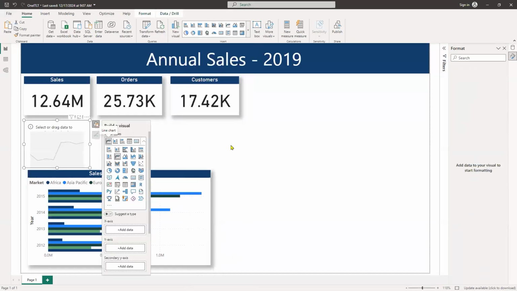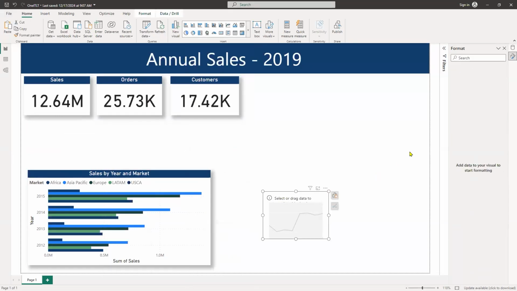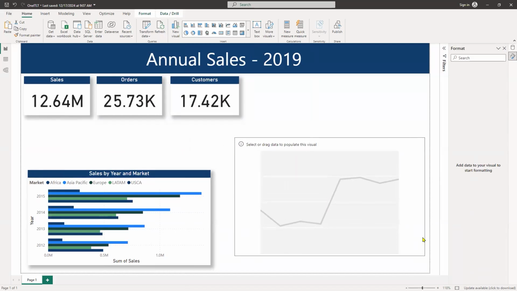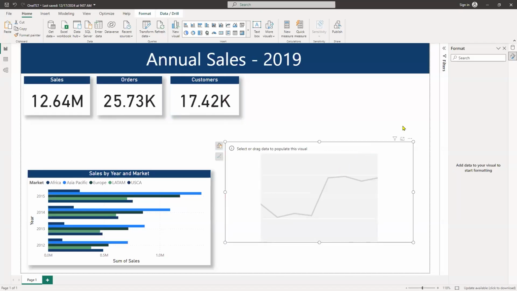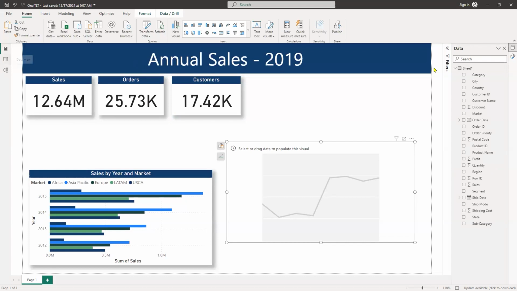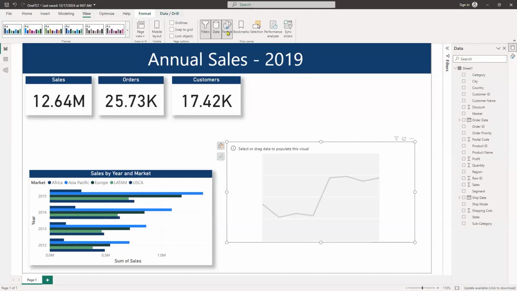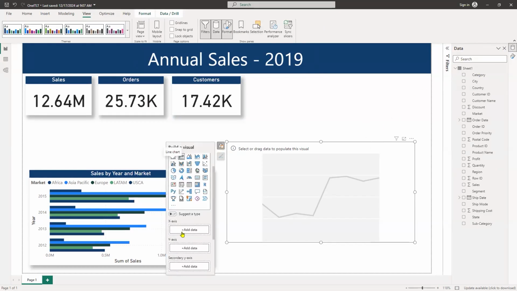Line chart also I've mentioned, right? So in a line chart, on the x-axis you should have a time period. On the y-axis, you can have sales. X-axis is time period, which I'm going to pass year, obviously.